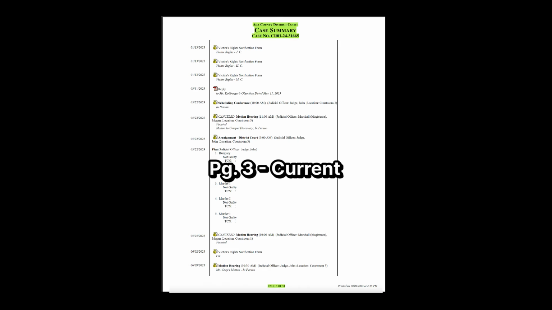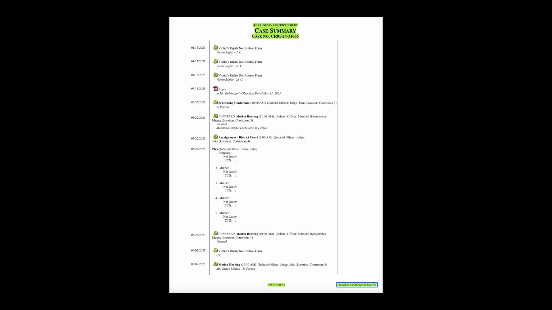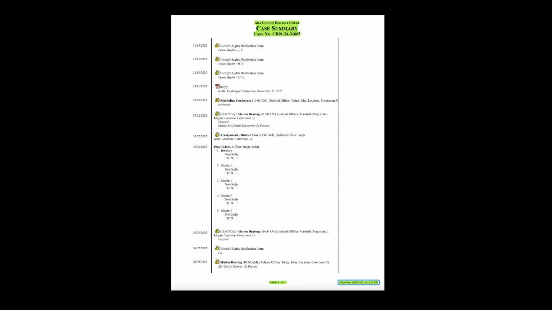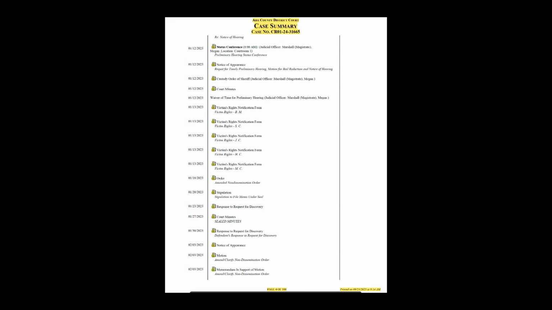Now if we look at page number 3 of both, we see again a lot more information on the 108 page document as opposed to the document that is live as of right now, that is only 51 pages. And then if we go on to pages 4 and 5, you're going to see even more difference.